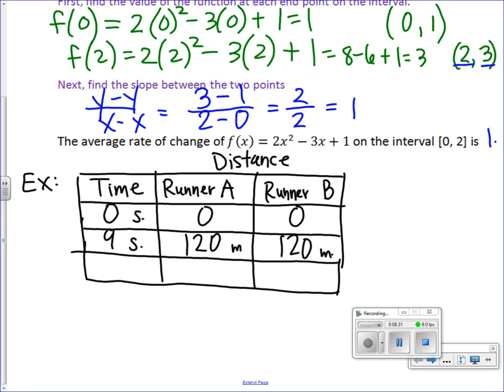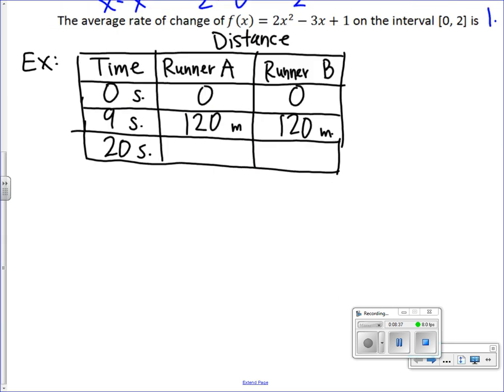And then at 20 seconds, runner A was at 168 meters, and runner B was at 213.